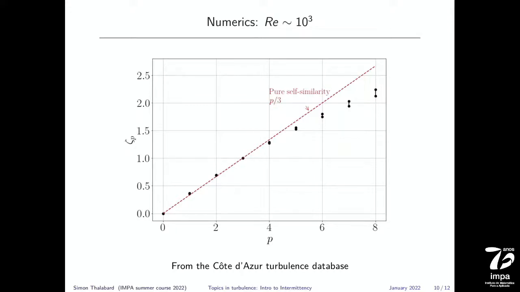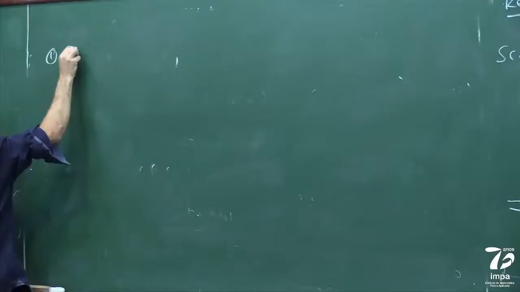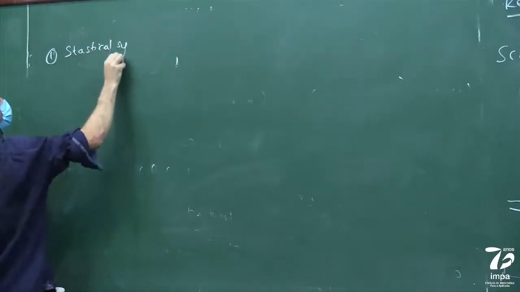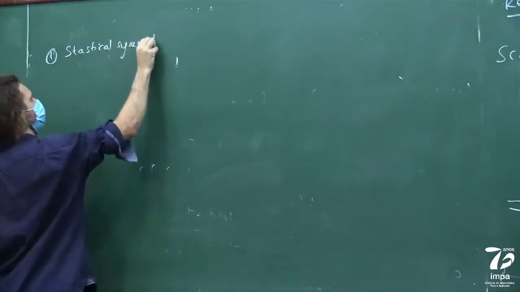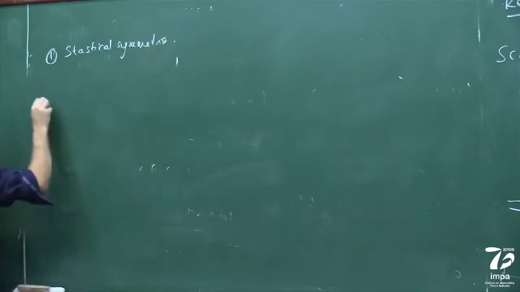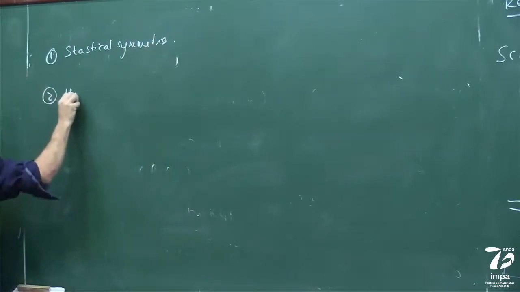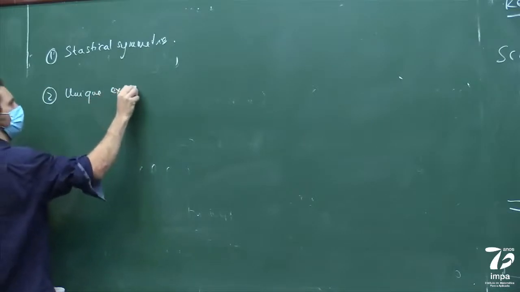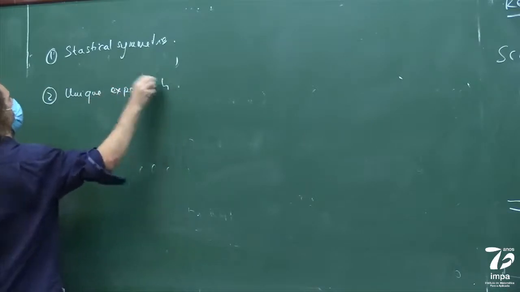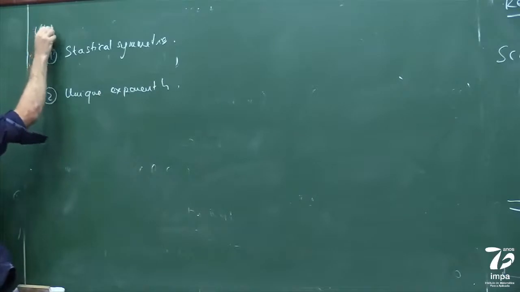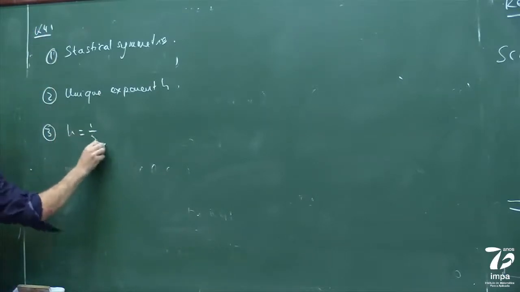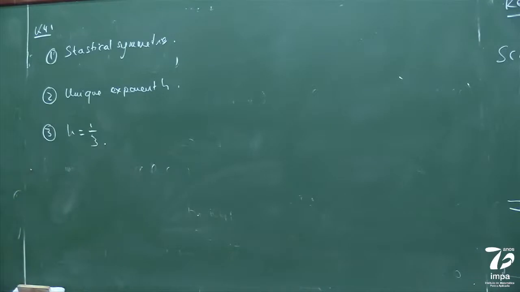Statistical symmetries. Unique exponent H equal 1/3. Okay, three hypotheses.